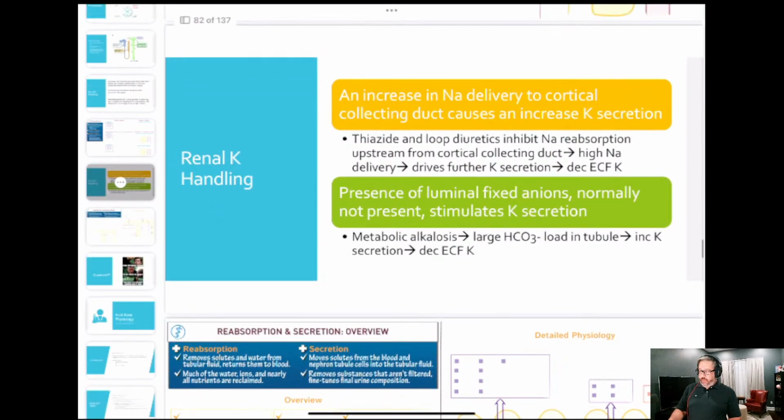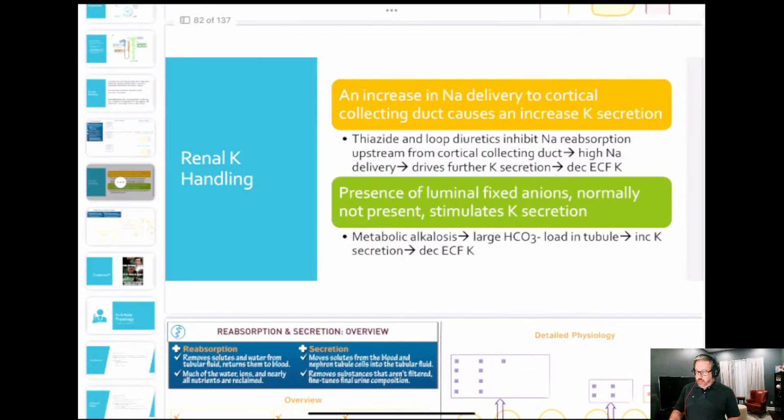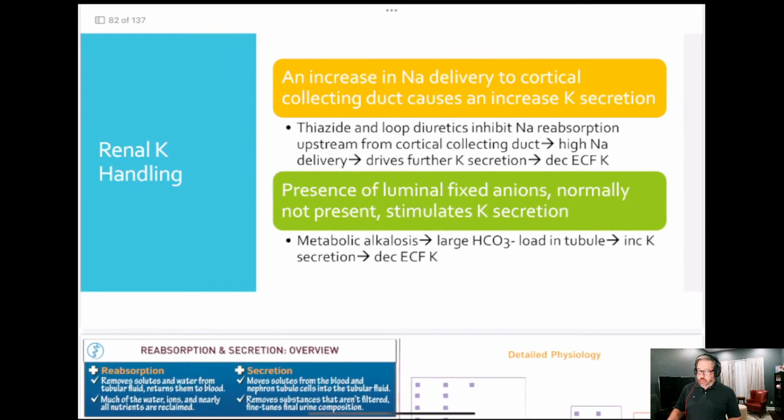So when we have diuretic use, we're blocking the whole receptor or the whole protein from transporting sodium out.